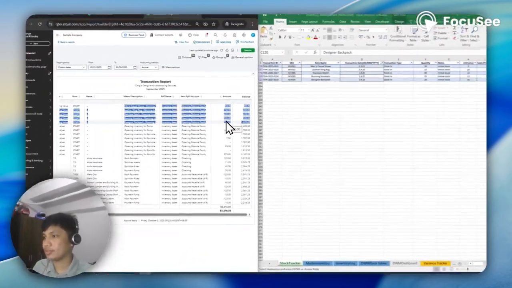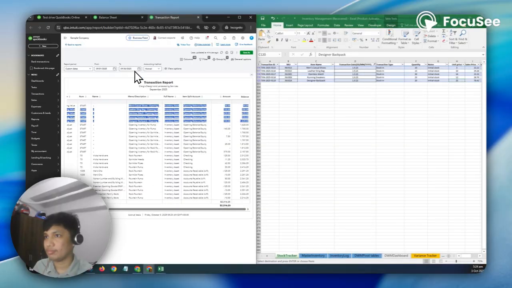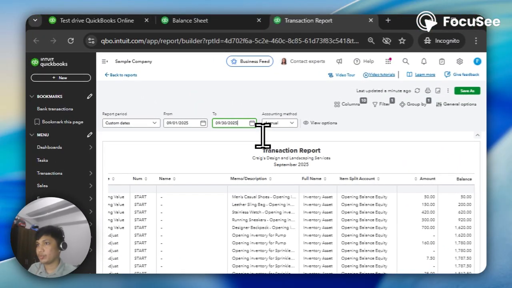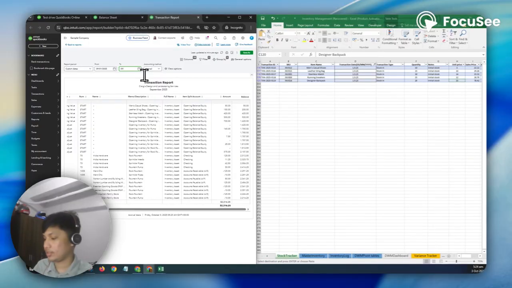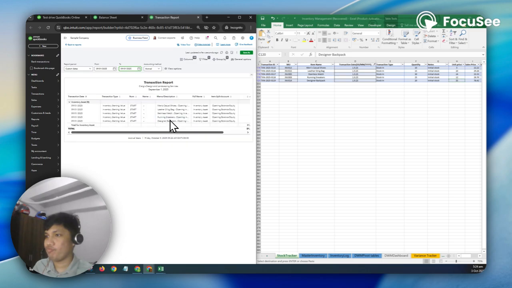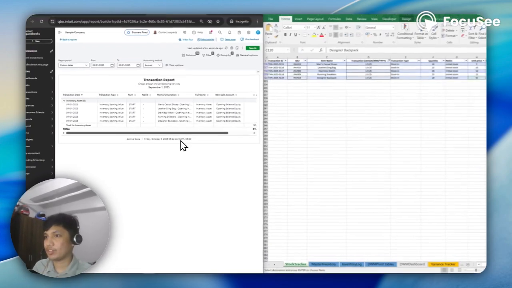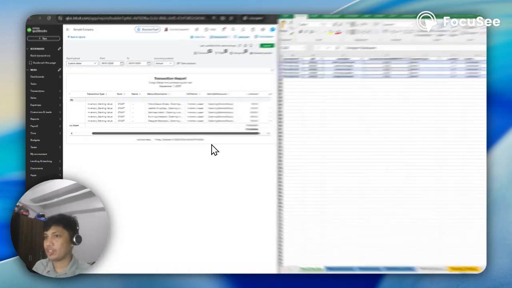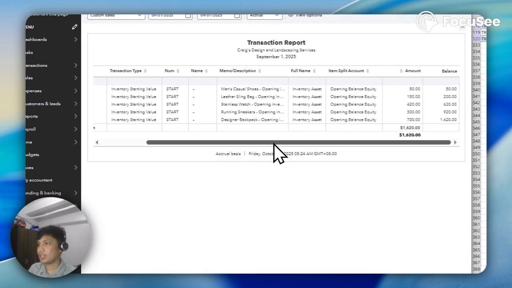Let's go for 9/01/25. As you can see, this is the inventory starting value.